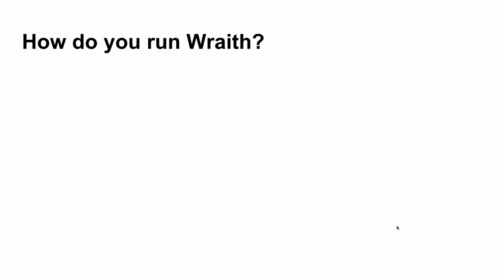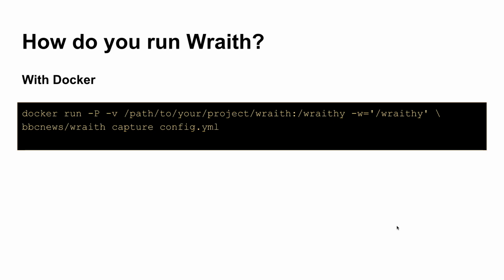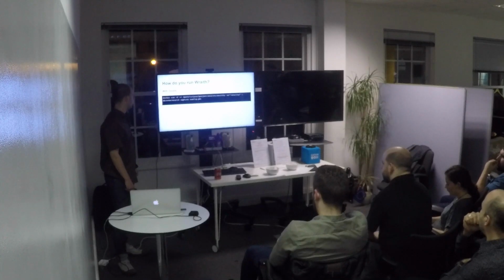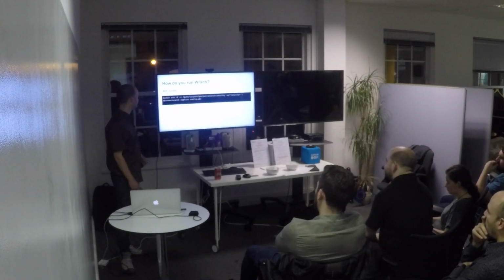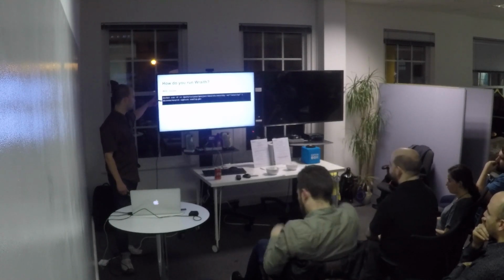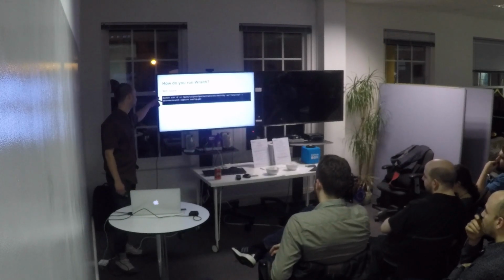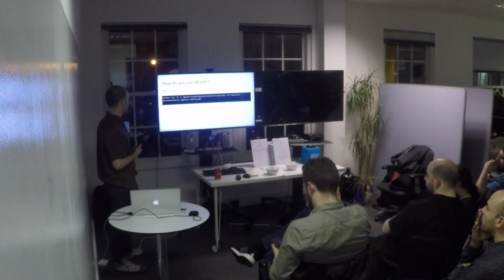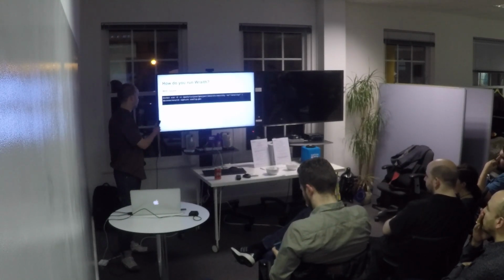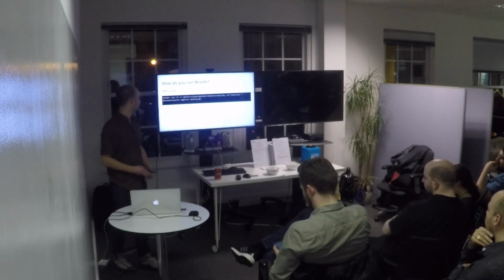So how do you run it? The easiest way is with Docker. So basically, you run that command, it'll download the container for you, BBC Wraith, and it's going to call the function capture, and we're going to tell it the configuration file that we just created.